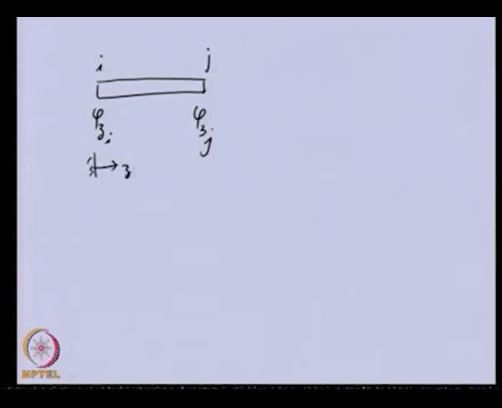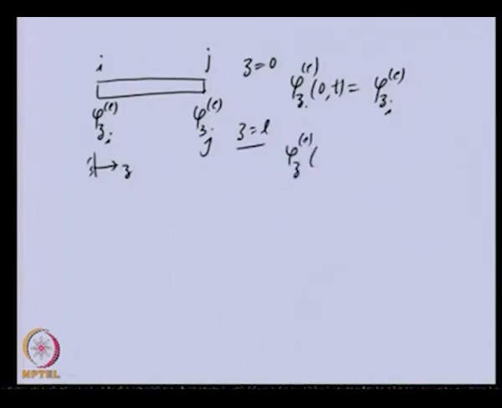So we have the boundary condition that at z equal to 0, phi z is phi z I for the element, all are for the element because we are representing this particular element only. Similarly, at z equal to L, we have another boundary condition, that is phi z j.